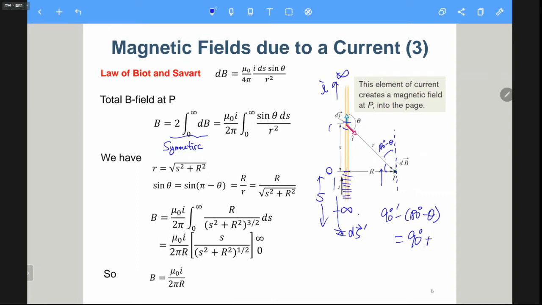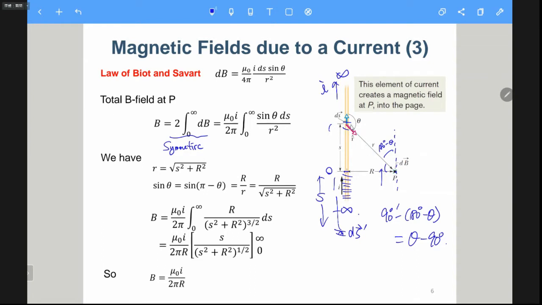Let's see, 90 degrees, yeah, theta. Oh, sorry, it should be theta minus 90 degrees, something like this.